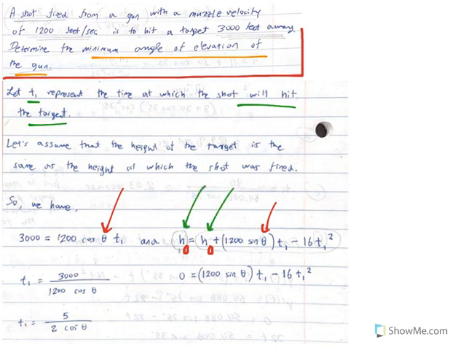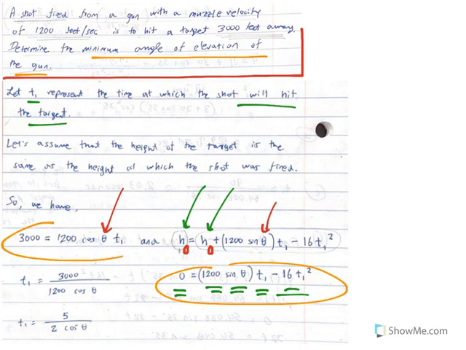h naught, if you subtract h naught from both sides of the equation, it will go away. And you just get 0 is equal to 1200 times sine of theta times t sub 1 minus 16 t sub 1 squared. So how do we solve this system of two equations and two unknowns? By using the substitution method.